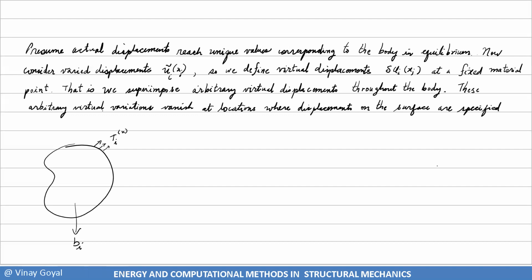That's an arbitrary virtual deflection throughout the body. These arbitrary virtual deflections have to go away at locations where I actually specify the boundary conditions, because if u_i equals u_i bar, then del u_i is 0 at that location, because I cannot vary something that's specified. When that happens, we call the virtual displacements kinematically admissible. Anytime you see that being discussed, we're talking about the virtual displacements being kinematically admissible.